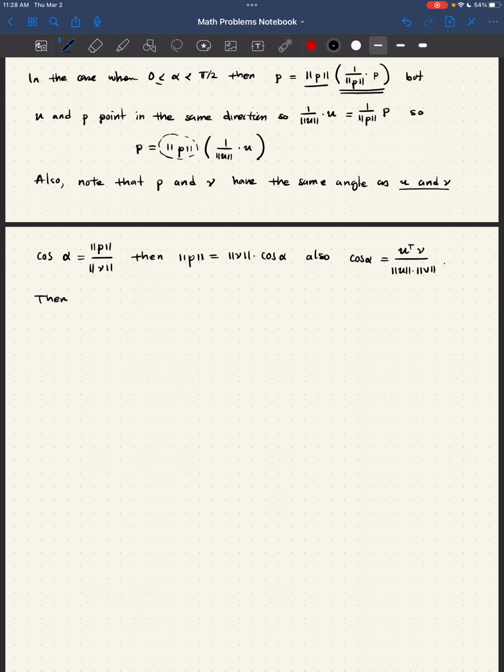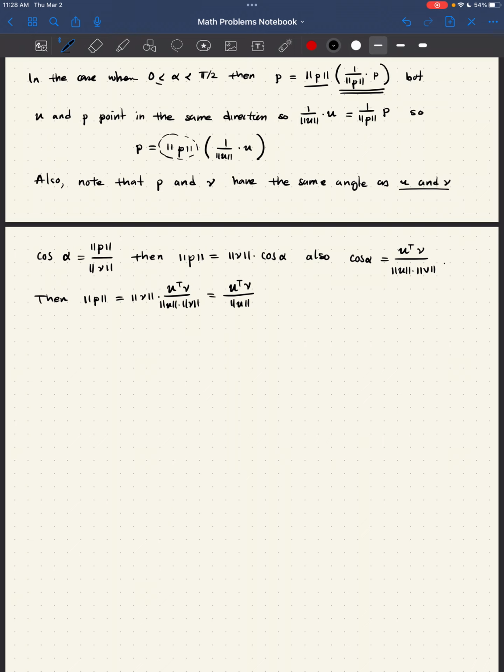Then we obtain that the magnitude of P is the magnitude of V times the cosine, but the cosine is U transpose V over the magnitude of U times the magnitude of V, which we can now simplify to the expression U transpose V over the magnitude of U.